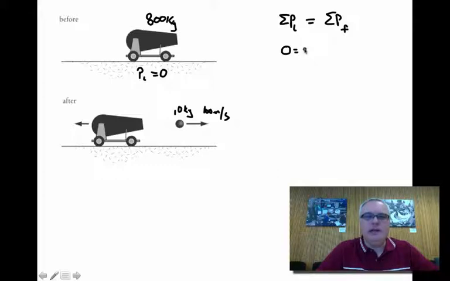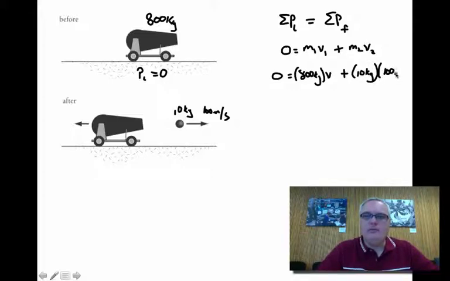Afterwards, we have one object traveling in one direction and another object traveling in the opposite direction. So the first object is our 800 kilogram cannon, and it has some unknown speed. And our 10 kilogram cannonball is traveling to the right at 100 meters per second.